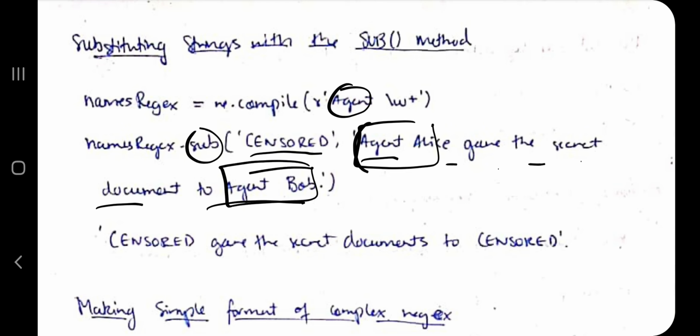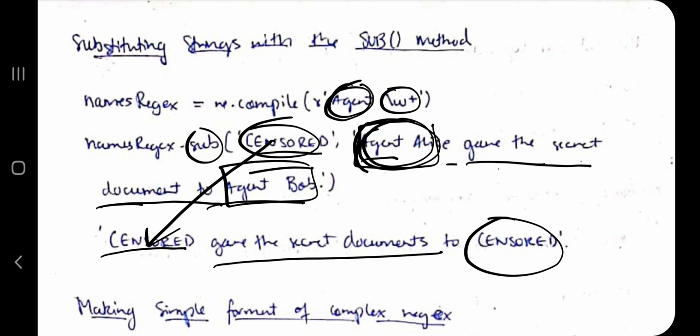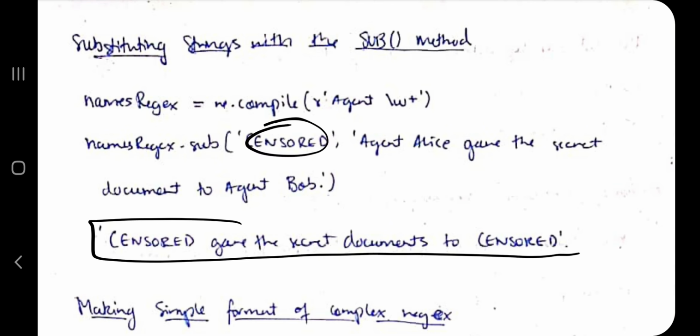What should it be replaced with? Agent and the next word after it should be replaced with censored. So, the output is censored gave the secret document to censored, because agent Bob matches the criteria, and the replacing word is censored. Okay. So, this is the final output.